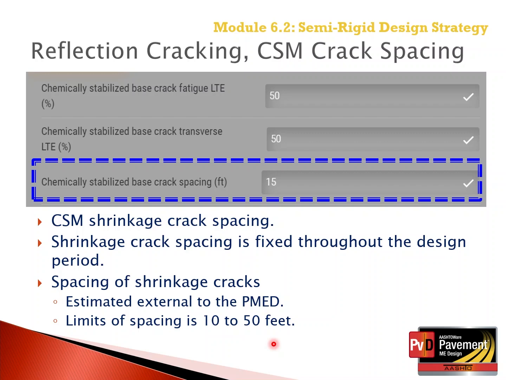feet. There are cases where the chemically stabilized layer is rolled with a very heavy roller to pre-crack the layer shortly after construction, obviously before the asphalt layer is placed, to crack the mixture at a much shorter crack spacing.